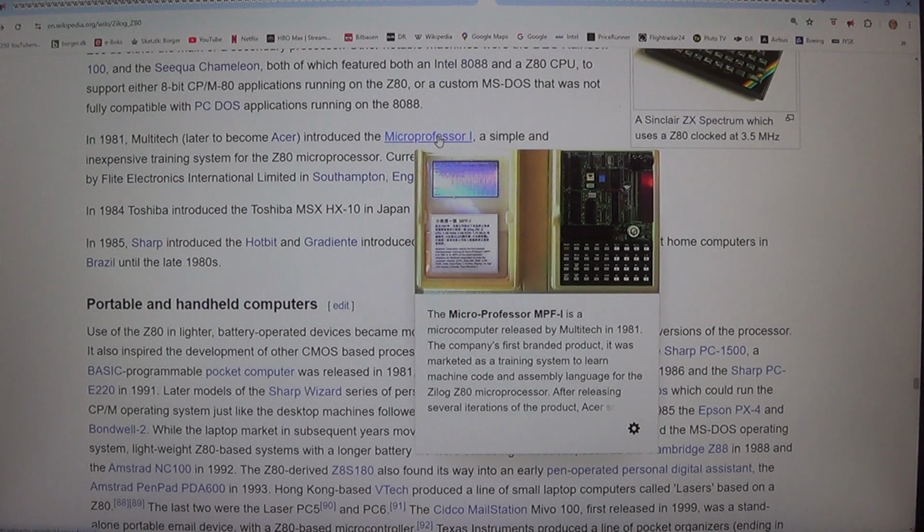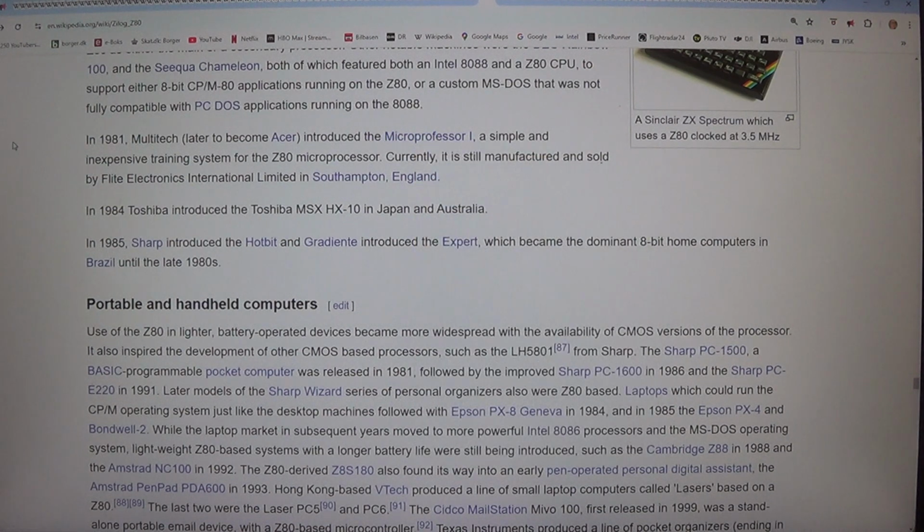In 1984, Toshiba introduced the Toshiba MSX-HX10 in Japan and Australia. In 1985, Sharp introduced the Hotbit and Gradient introduced the Expert, which became the dominant 8-bit home computers in Brazil until the late 1980s.